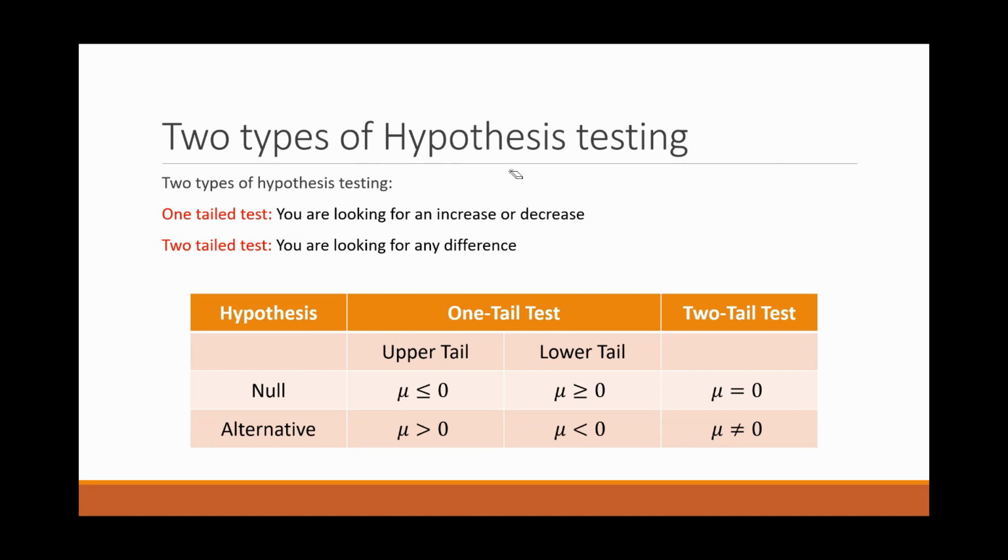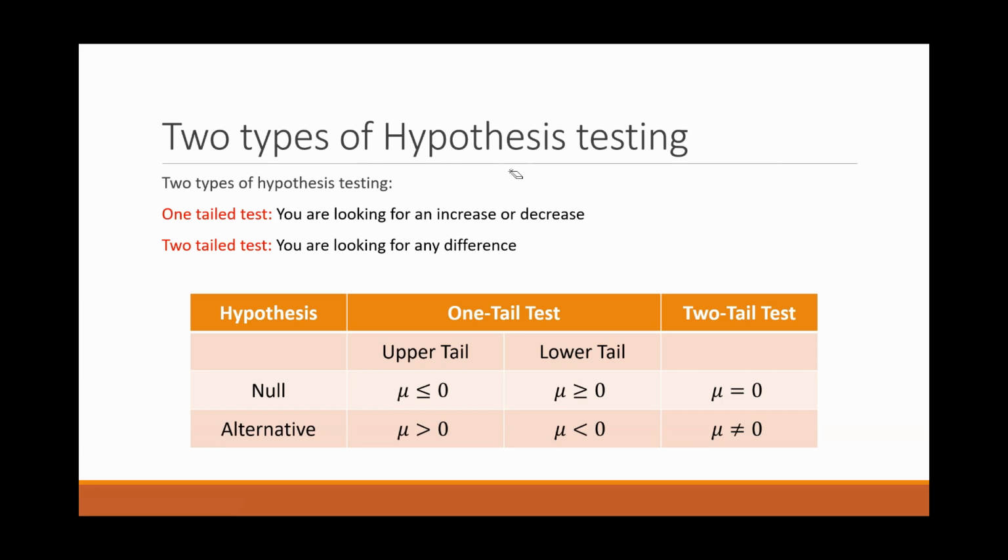Earlier I was a little bit vague about how we define our null hypothesis, but now that I have a good example illustration, I can be a little bit more precise as to how we define our null and alternative hypotheses.